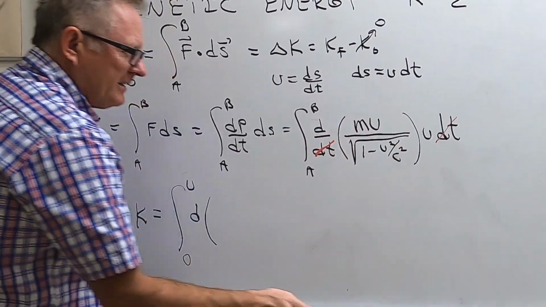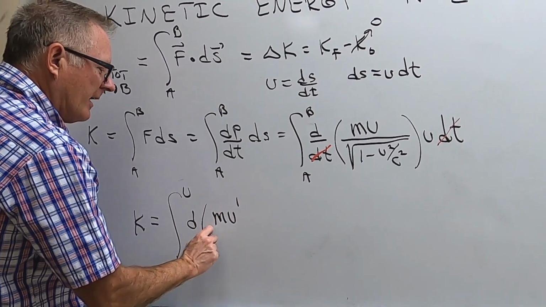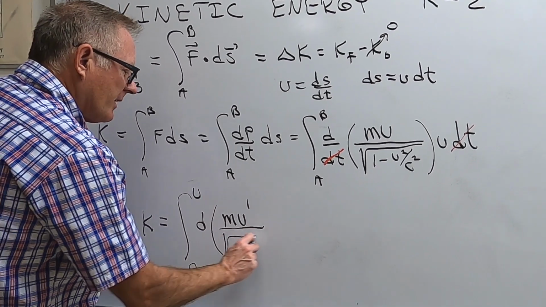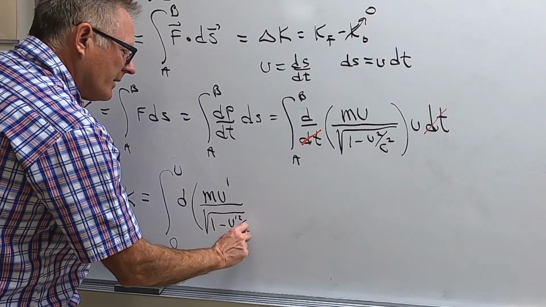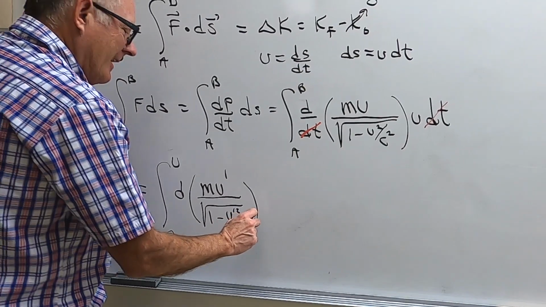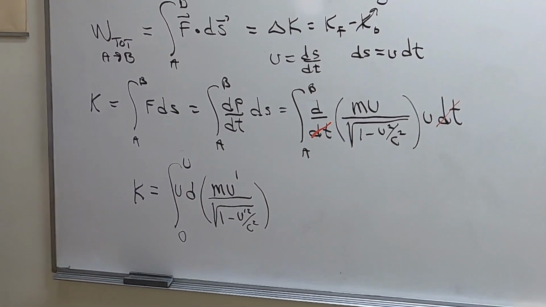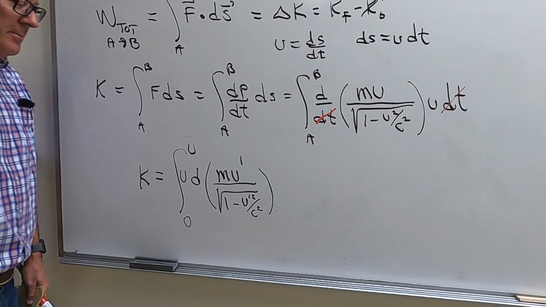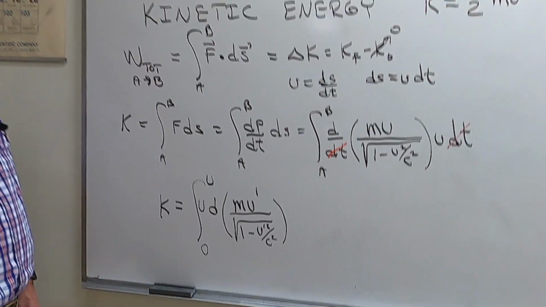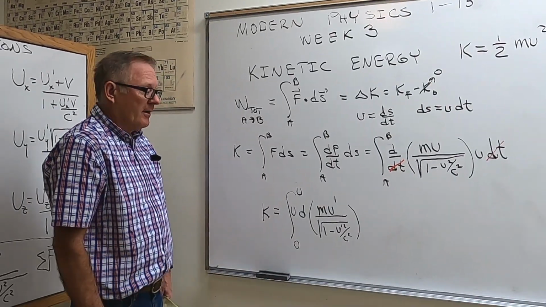So what we'll do is I'll just make them u primes. They're just a dummy variable: mu prime all over the square root of 1 minus u prime squared over c squared, times u. I'll put the u out here. So that is what the kinetic energy is going to be. Now, how do we integrate this thing? Well, it looks like the easiest way to integrate this is by parts.